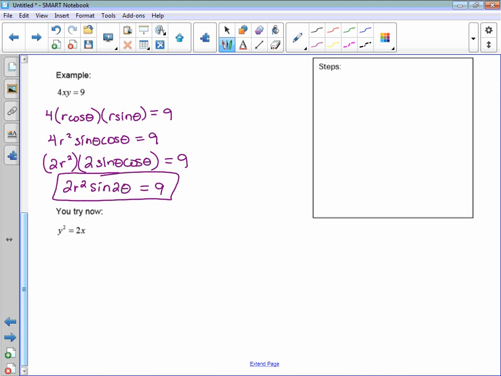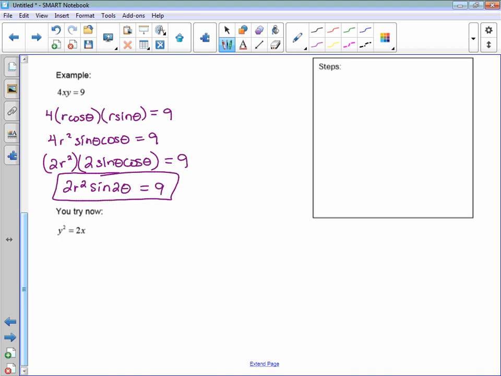I'm not recommending you divide by sine. Well, you can, you just don't want to eliminate any of the variables. So if you solved for r, you'd have 3 over the square root of 2 sine of 2 theta, plus or minus in front of that. Again, just recognize multiple choice things, you're going to have to recognize those formulas. All right, so you guys try the next one.